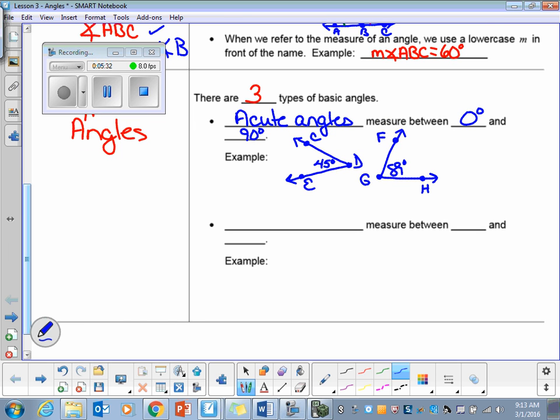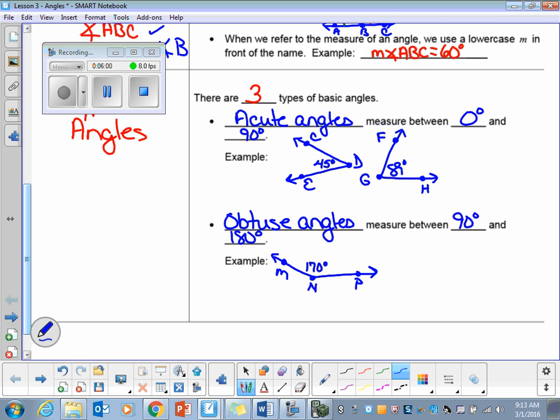Obtuse angles measure between 90 degrees and 180 degrees. So let's see, M, N, P, and this could be 170 degrees.